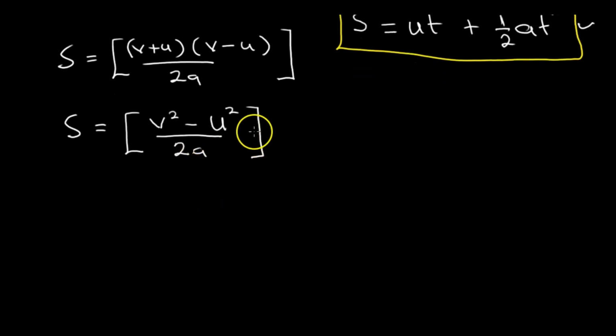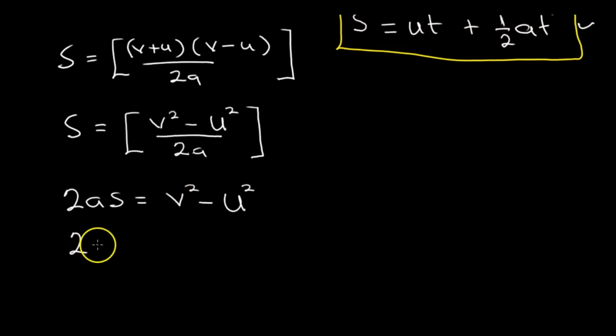So at this point, we just want to make our equation simple. All I need to do is multiply both sides by 2a. So I get 2a times s. I always want my number to come first, so I get 2as equals v squared minus u squared. As we did in the first equation, we want v to be the subject, so I take the u squared to the other side.